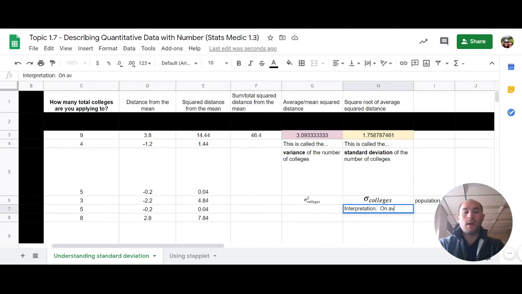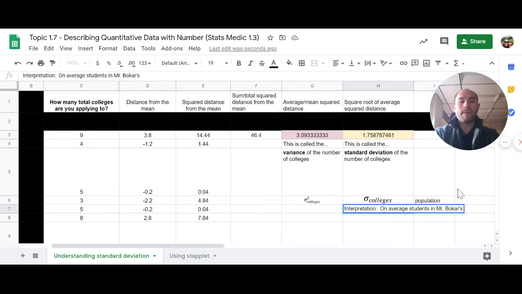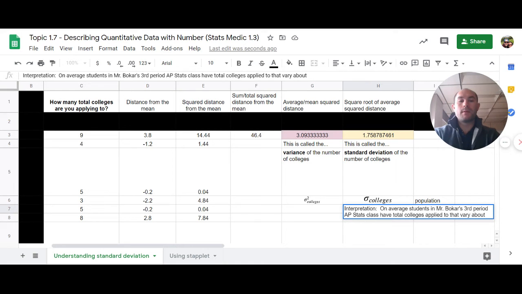On average, students in Mr. Bocar's third period AP Stats class have total colleges applied to that vary about 1.759 colleges from the mean of 5.2 colleges per student.